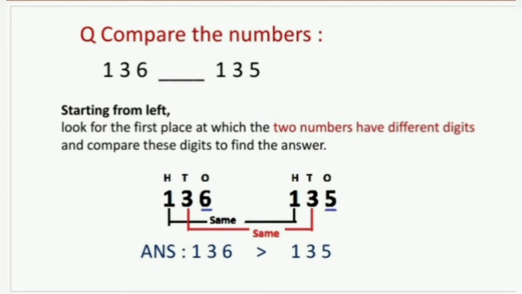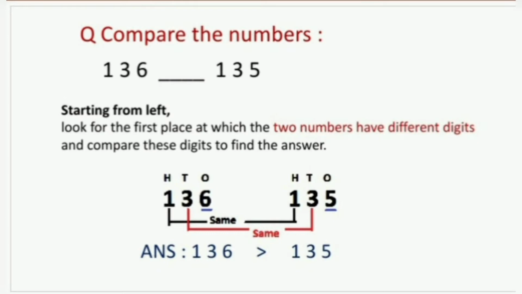First example here is 136 and 135 you need to compare. So starting from left, you have to look for the first place at which the two numbers differ, and you have to compare these digits to find the answer. Okay, now here, at hundreds place, you have 1 on both sides, so they do not differ. Now looking at the digits at tens place, here also you can see that on both sides you have the number 3.